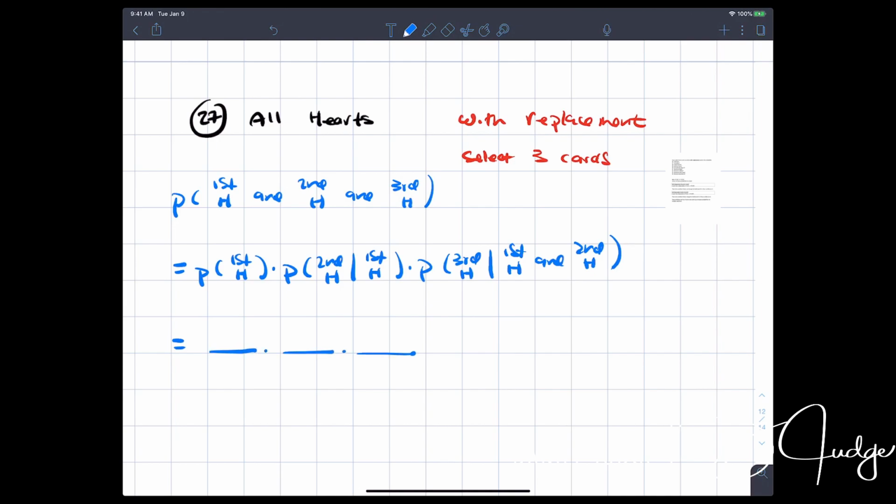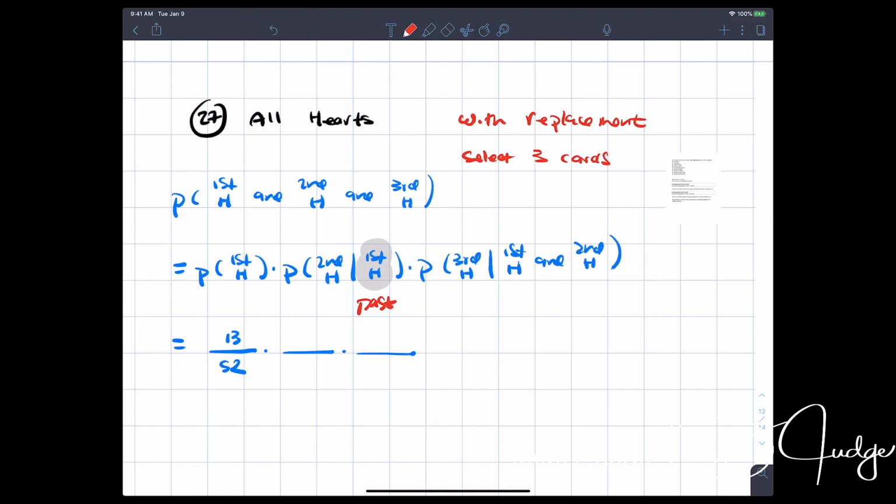So let's reach in the bag, pull out a card, I reach in the deck. What's the chance of selecting a heart? Well, you say there's 13 hearts out of 52 cards. Also, now, let's go to the next probability. What is known is that in the past, you selected a heart.